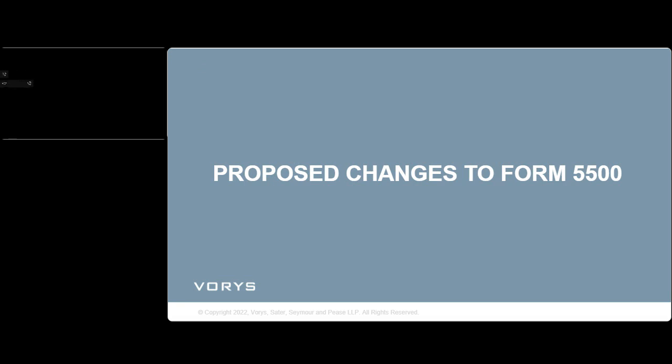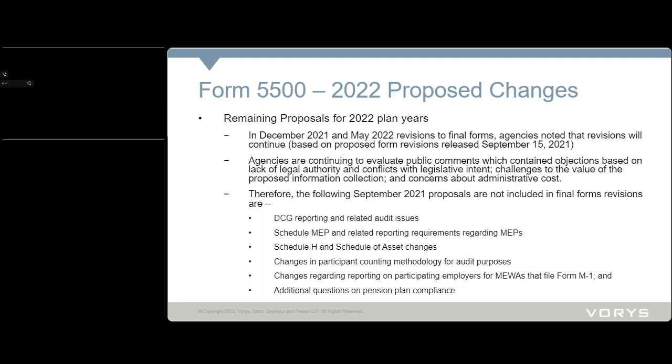You recall when we discussed the content changes earlier that we started with the Notice of Proposed Form Revisions that was issued by the agencies in September of 2021. And of course, only some of those proposals have been finalized thus far. Some were finalized in the 2021 5500 and some for 2022, again, as we talked about, primarily for defined benefit plan changes to the schedules and for the multiple employer plans, the MEPs and the PAPs.